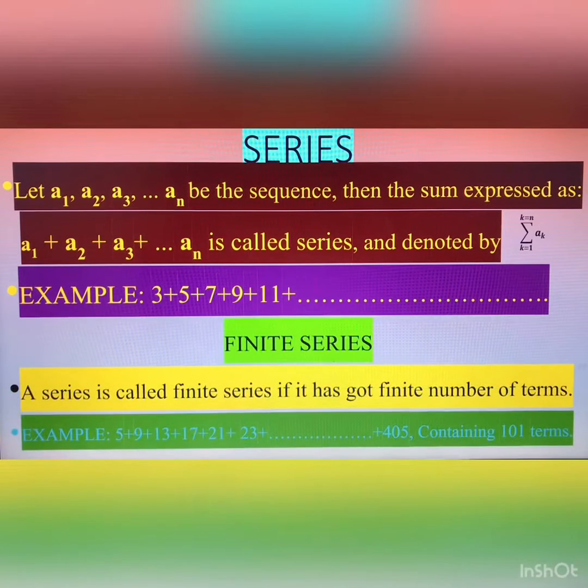For example, 5 plus 9 plus 13 plus 17 and so on up to 405, containing 101 terms. This is finite because the number of terms is fixed at 101. So this type of series is known as a finite series.